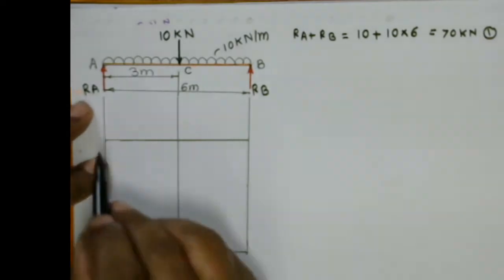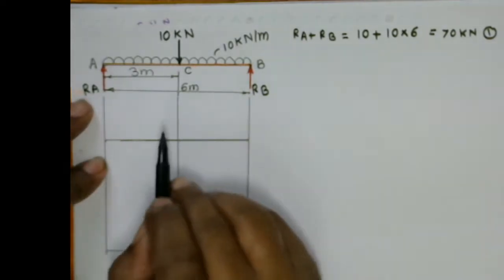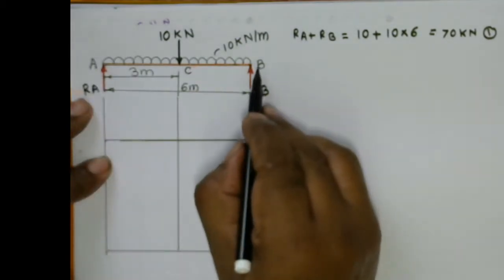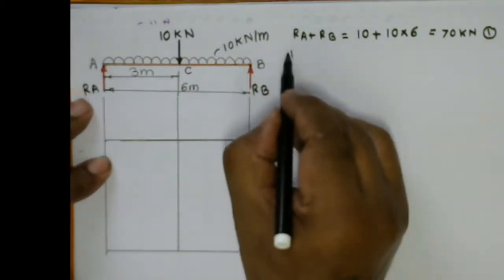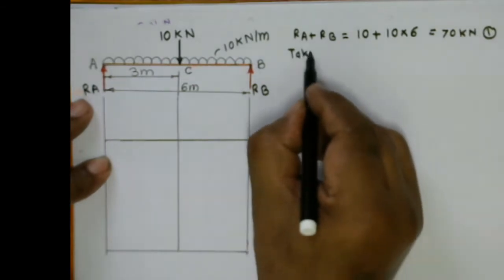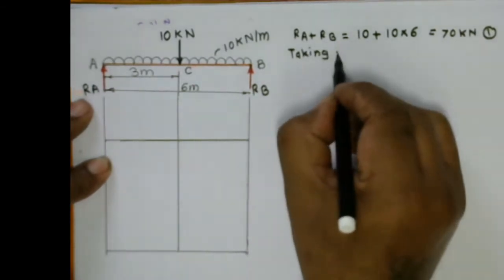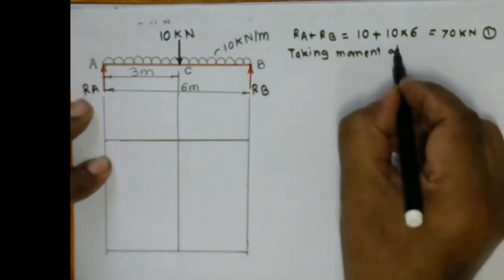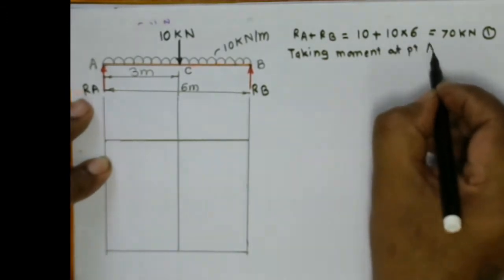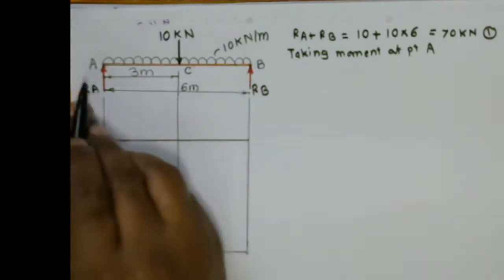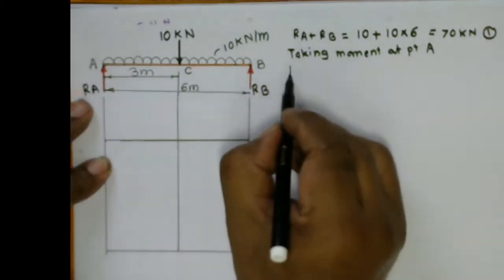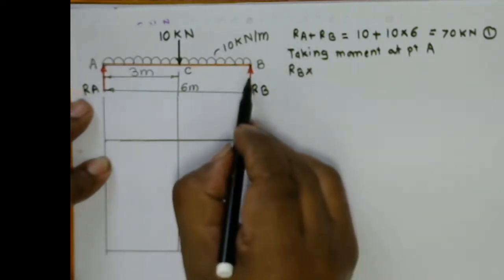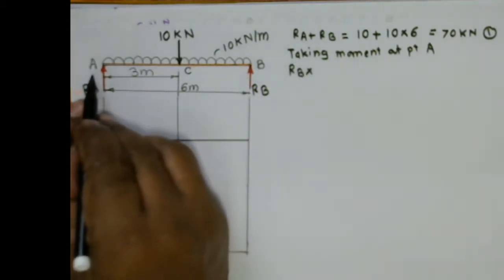Now to calculate the reactions RA and RB, we may take the moment at point A or we may take moment at point B. Here I am taking the moments about point A. In that, we will calculate moments from right to left. So first force is RB and its distance up to the point A is 6 meters.